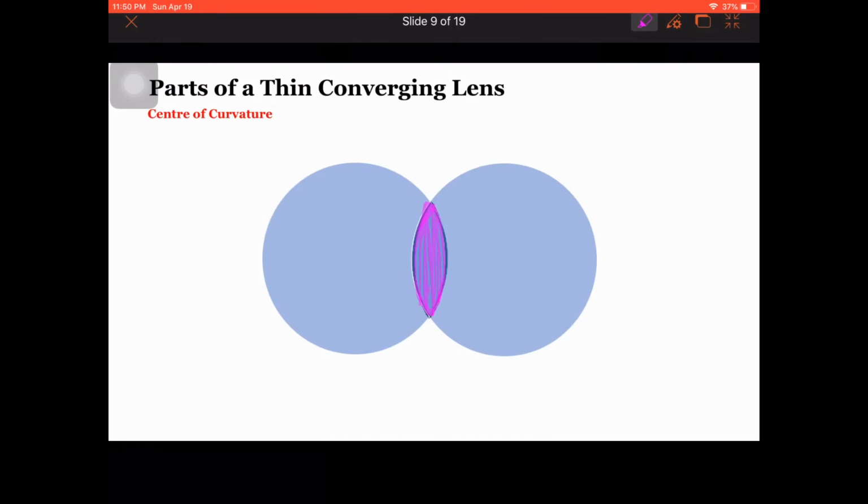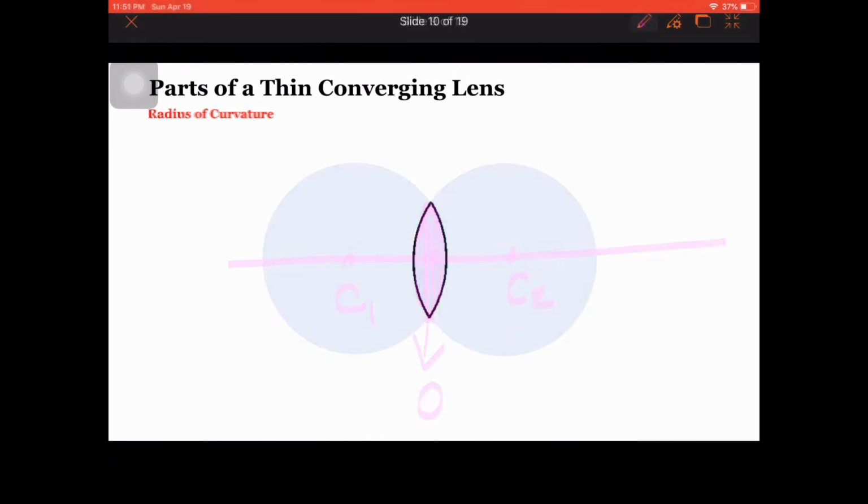So these two spheres have centers here and here. Now these are called your centers of curvature, denoted by C1 and C2. So if we join that, over here is your optical center. So the centers of the spheres where we took our thin converging lens are the centers of curvature.